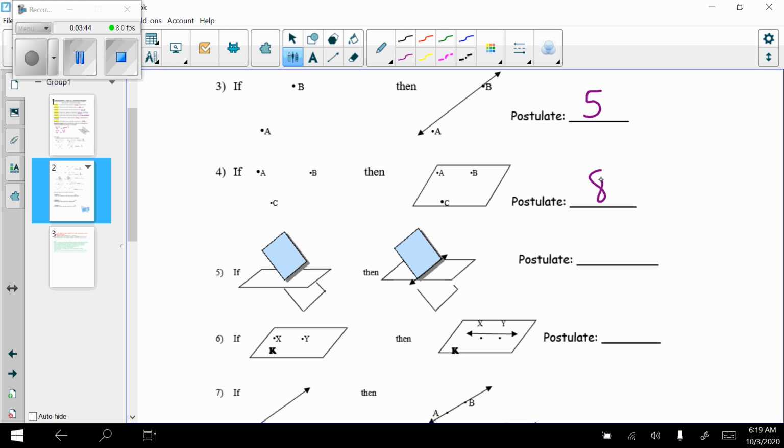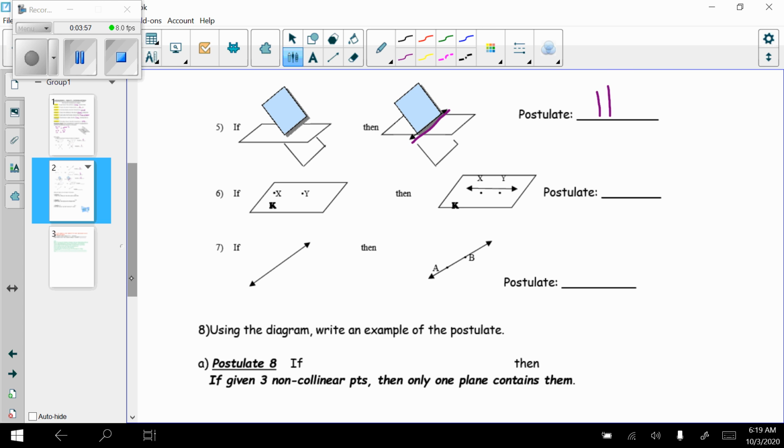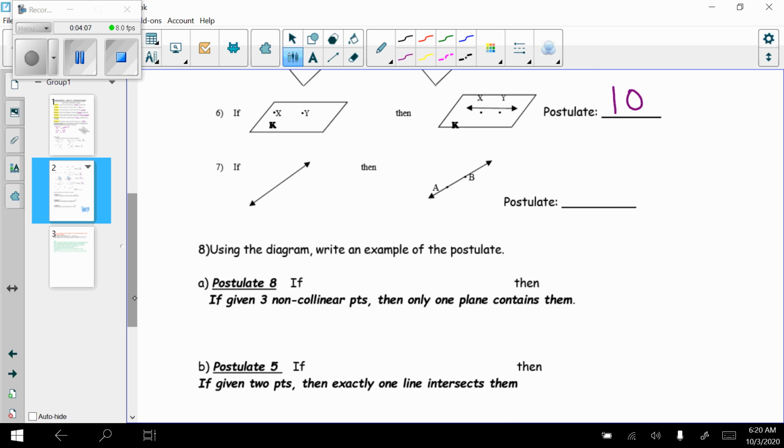Number 5: look, I have 2 planes, and they are intersecting, then they intersect at a line. That is postulate 11. Number 6: if I have a plane that has 2 points, then the line that contains those 2 points is in that plane. That is postulate 10. And finally, if I have a line, then I have 2 points on that line. So that is postulate 6.